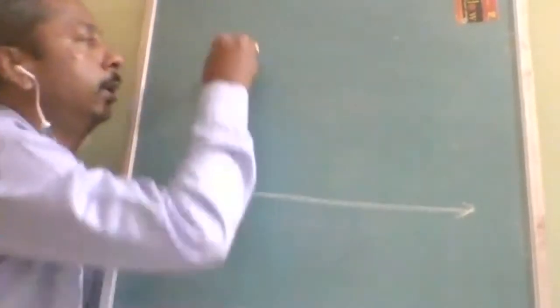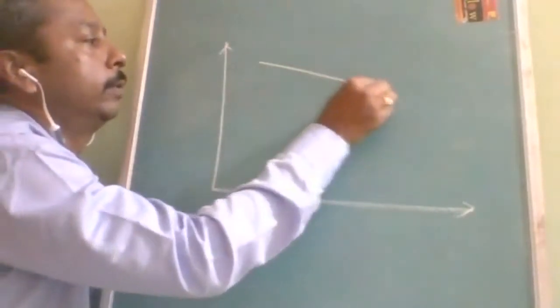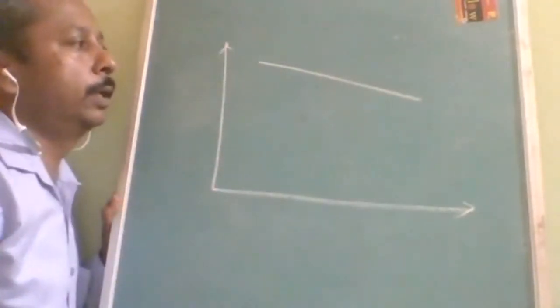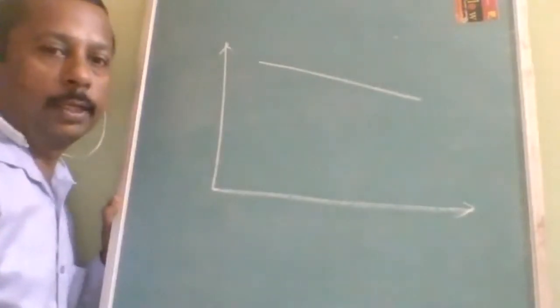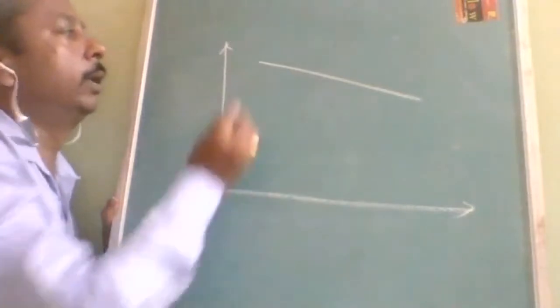Now coming to the molar conductivity and ionic conductivity, that is electrolytic equivalent conductivity. I am taking this graph as a reference. Which electrolyte is it? Strong electrolyte. Linear variation means strong electrolyte.